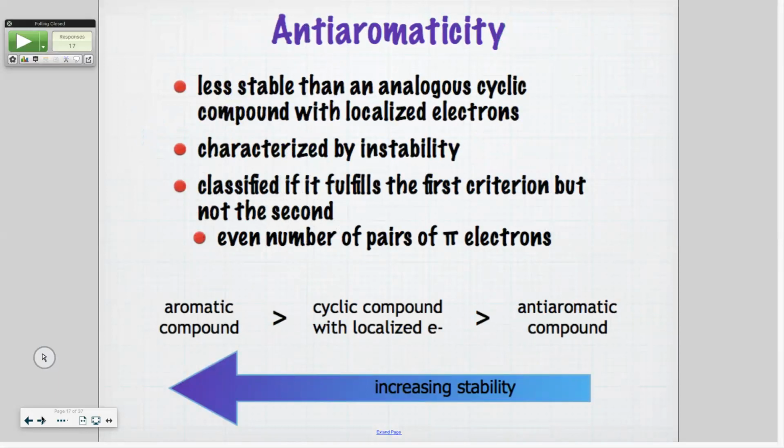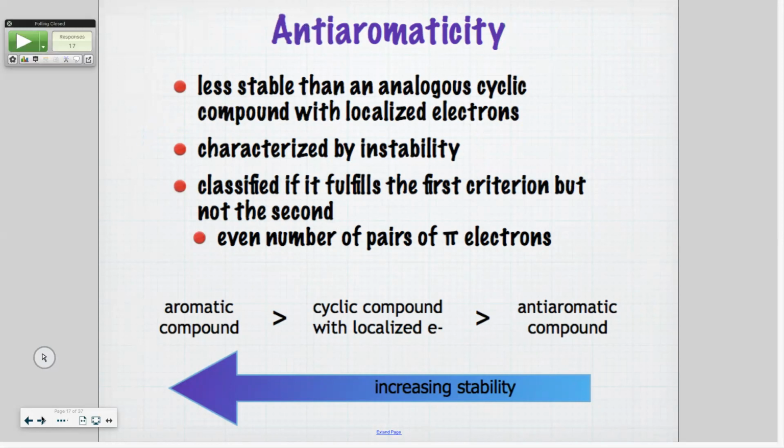Something is considered anti-aromatic. That means that it's less stable than an analogous cyclic compound with localized electrons. It is characterized by instability. It is classified as such if it fulfills the first criterion, but not the second.